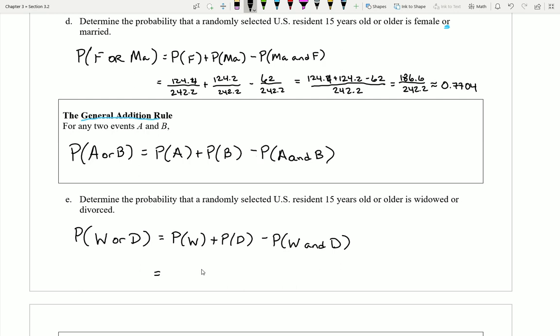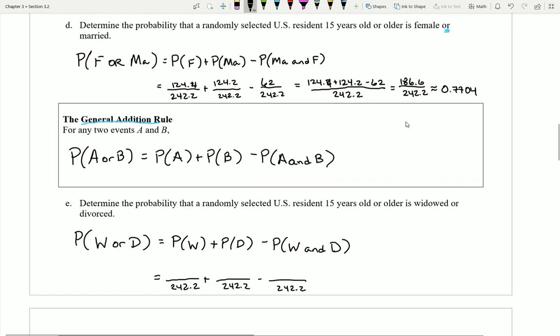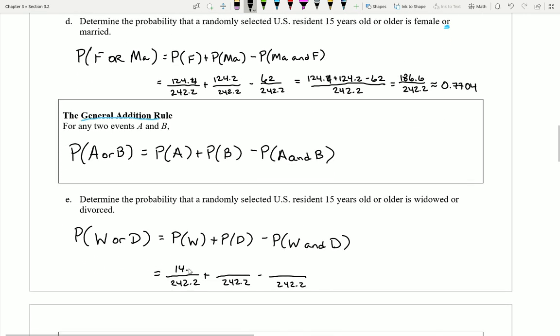I know that I'm going to have 3 fractions all over 242.2 million people. Let's see how many widowed individuals there are. Well, widowed was 14.4.